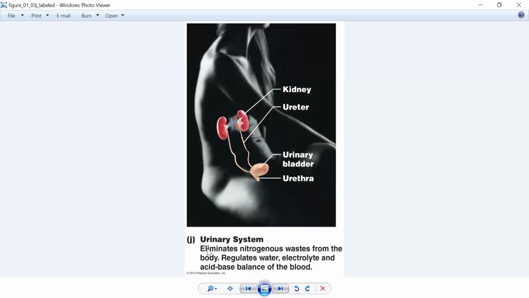So if you look here at the bottom of the reading, it says it gets rid of nitrogen waste products and regulates the amount of water in the body. That means you control blood volume, and you can control blood pressure. It can also control blood pH by retaining certain electrolytes or getting rid of certain electrolytes.